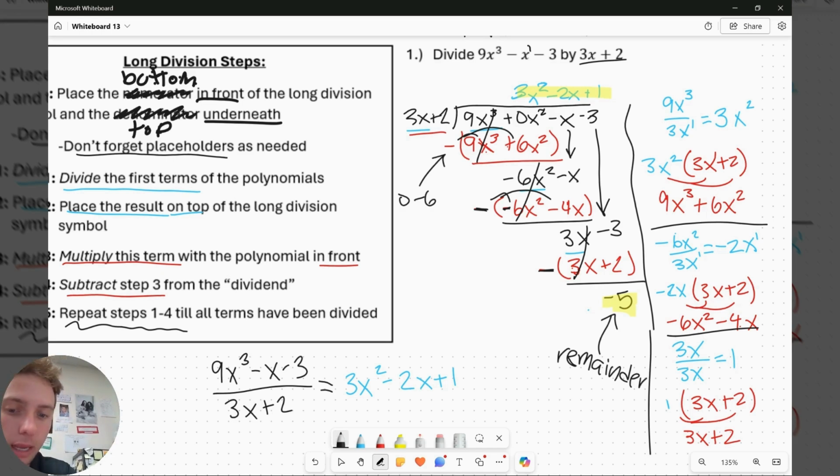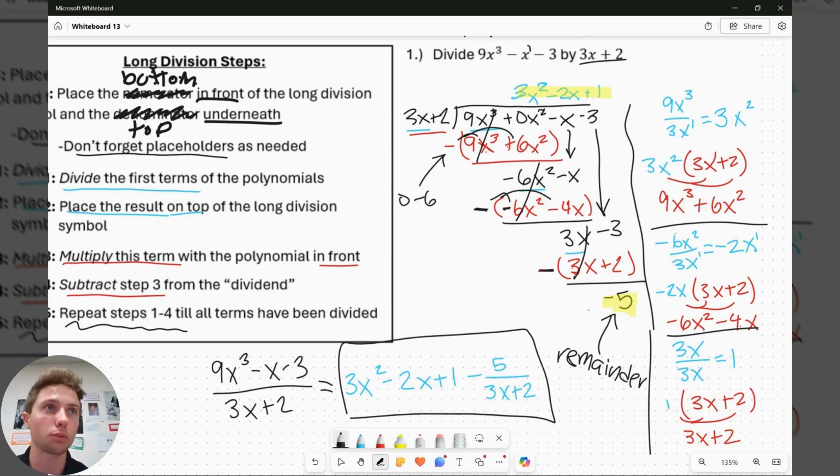Whenever you have a remainder, you do need to include it in your answer. However, it did not get divided yet. So it needs to show that division where you have the 3x plus 2 still dividing it. Now we have our final answer, and we are done with this problem.